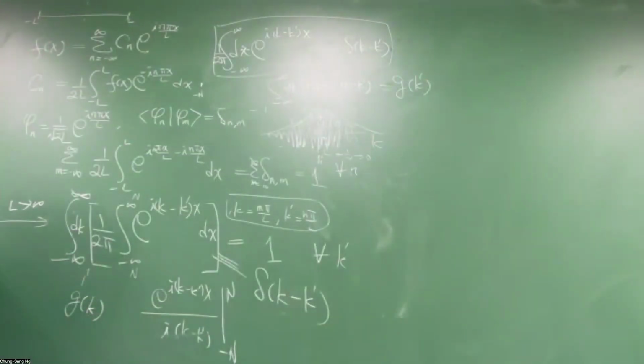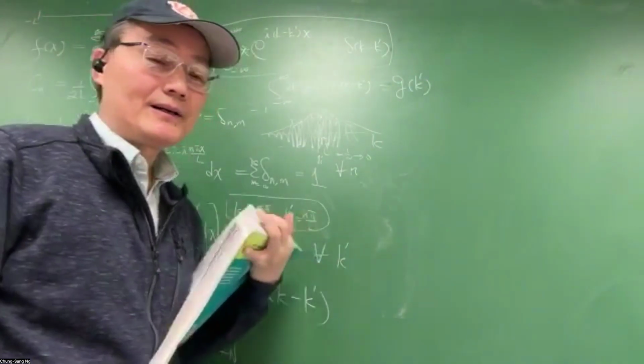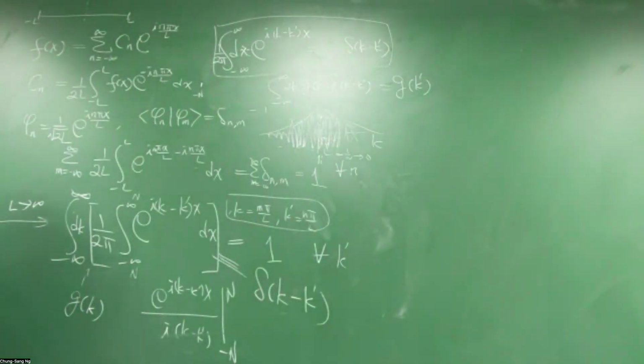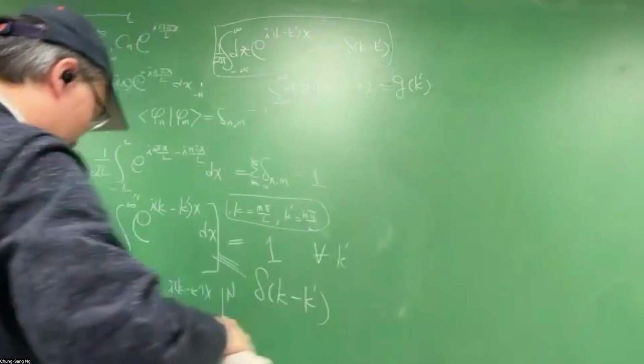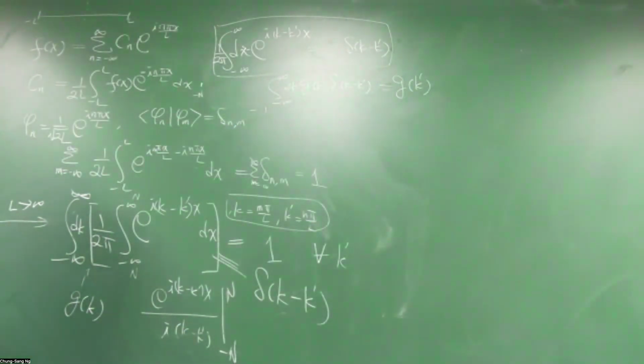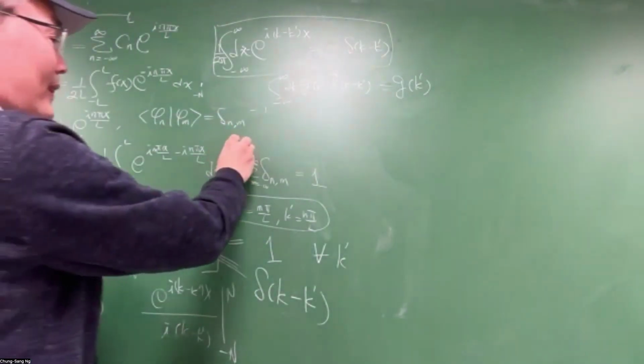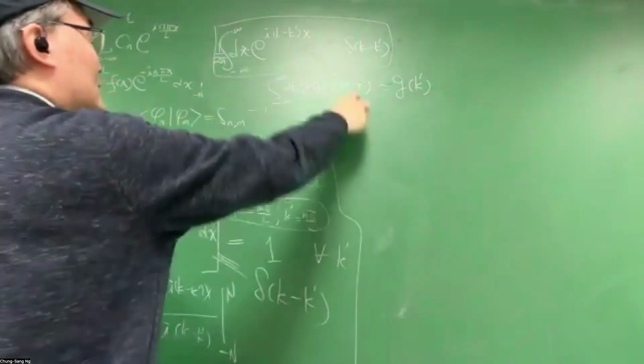That's the property of the delta function. So we generalized the orthonormal condition from Fourier series to Fourier transform.